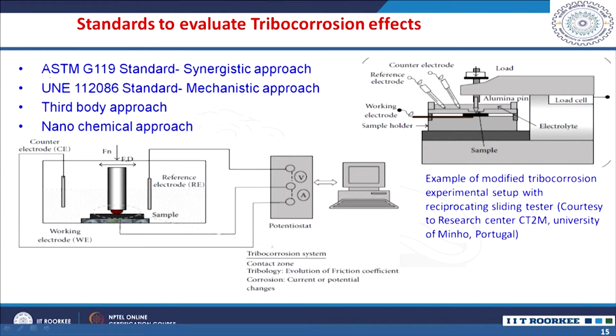There is one ASTM G119 standard for the synergetic approach of this wear, because of the mechanical contacts or wear because of the corrosion effects. Both can be synergetically estimated. The wear by the synergetic approach can be estimated by this standard, or UNE 112086 standard for the mechanistic approach, or third body approach, nanochemical approach.